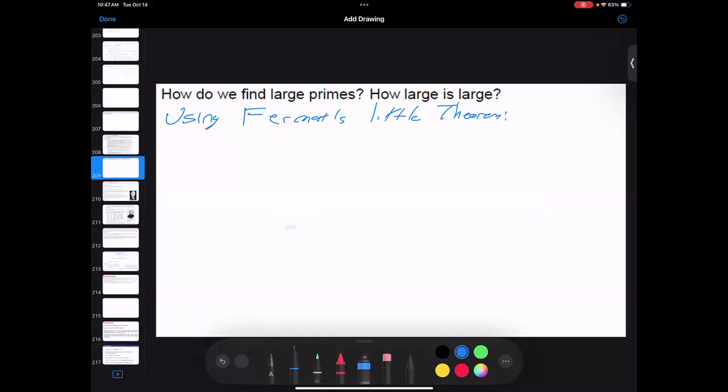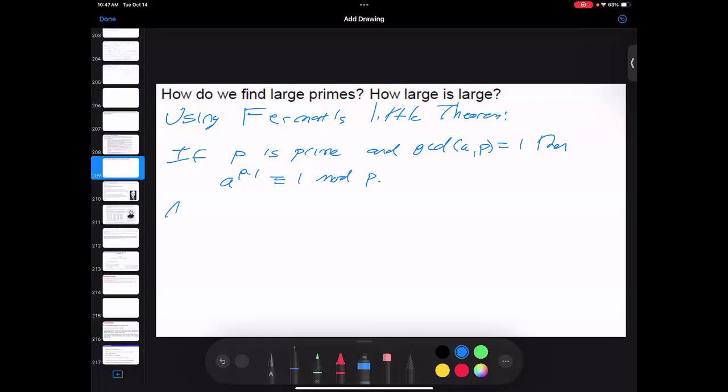That said, if p is prime, and the GCD of a and p equals 1, then a to the p minus 1 is congruent to 1 mod p. And if you remembered that, it made one of the homework problems this week much easier, because you could reduce a lot of calculations, and you can see that the two polynomials were the same.